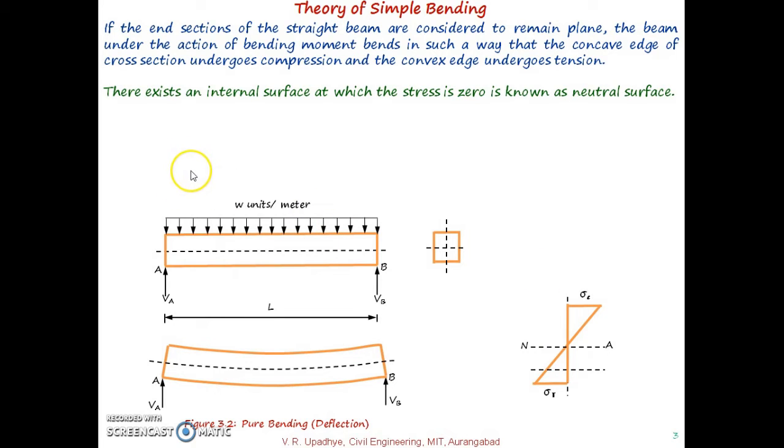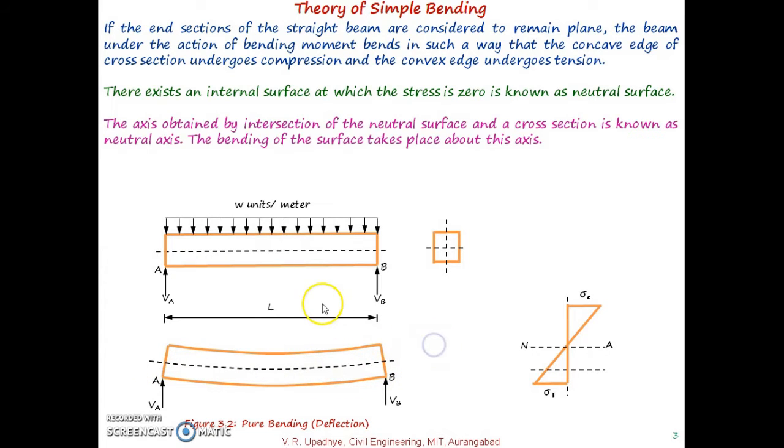So there exists an internal surface at which the stress is zero, and it is known as the neutral surface. This surface over here is called the neutral surface, and the axis obtained by the intersection of the neutral surface and a cross section is known as the neutral axis.